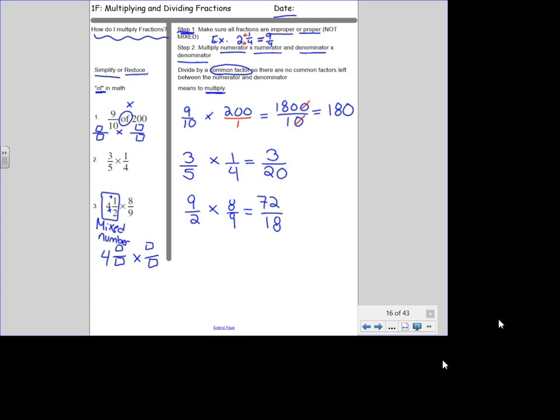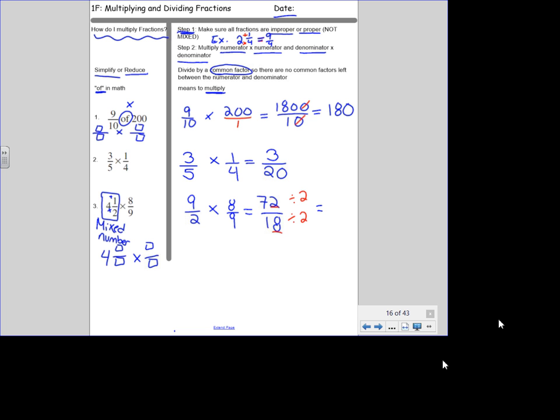So 72 and 18, I might notice that those are both even numbers. So if they're both even numbers, I can always reduce by 2. So if I don't know anything else, I can always try to divide by 2 if they're both even numbers. And I know they're even because 72 ends in a 2 and 18 ends in an 8. So I can write an equivalent fraction.